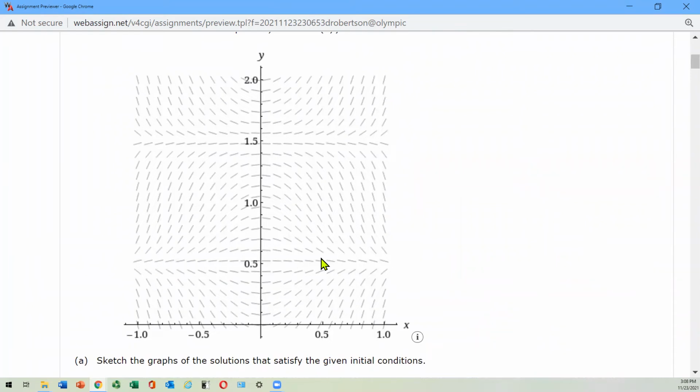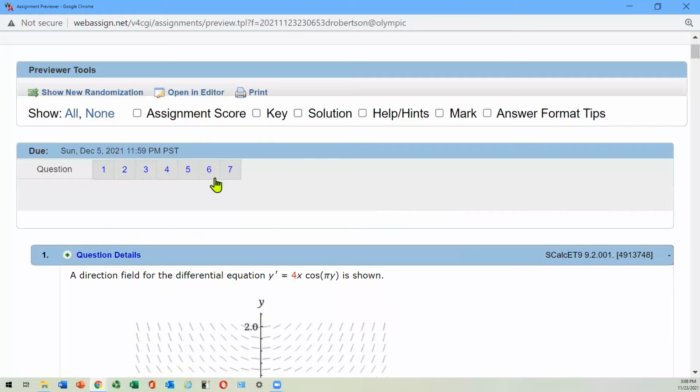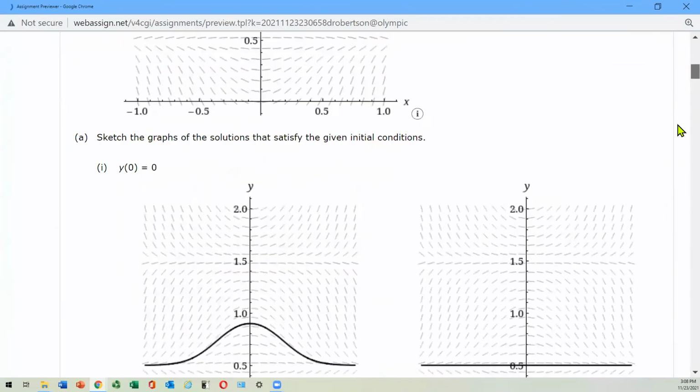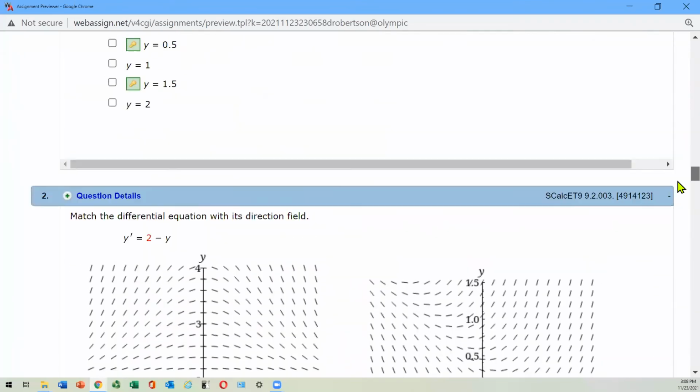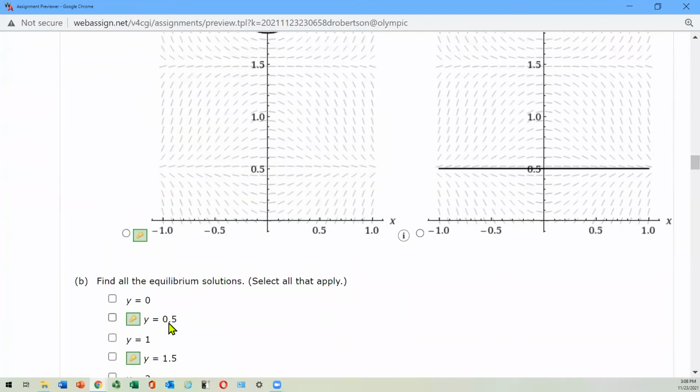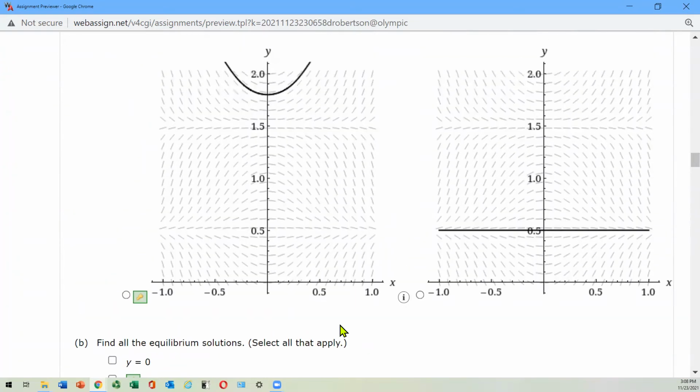Although it might not look perfectly horizontal, it is meant to be. So y equals 0.5 and y equals 1.5. I'll just show you those. So the two places, 0.5 and 1.5. You see how that works?